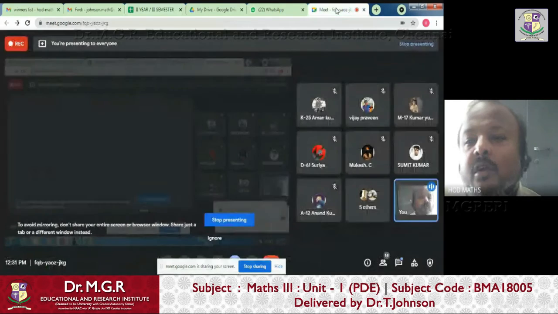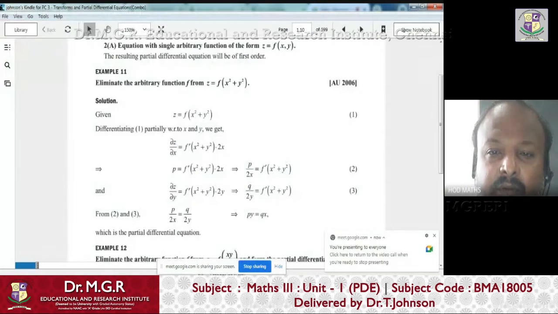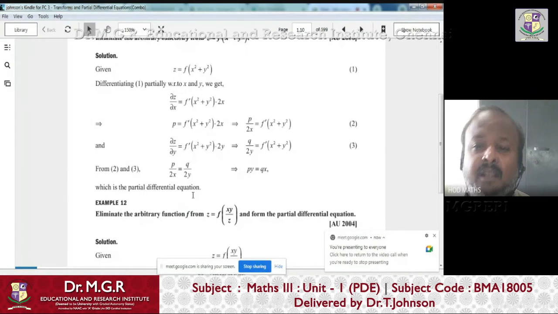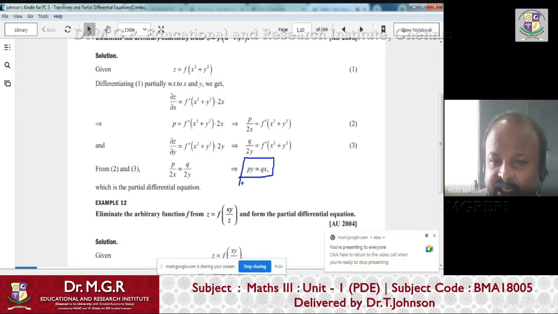Right. So now we move on to our class. This is the way you can eliminate an arbitrary function, and you can find a relation like this: py equals qx, and this is also a PDE containing the partial derivatives p and q.